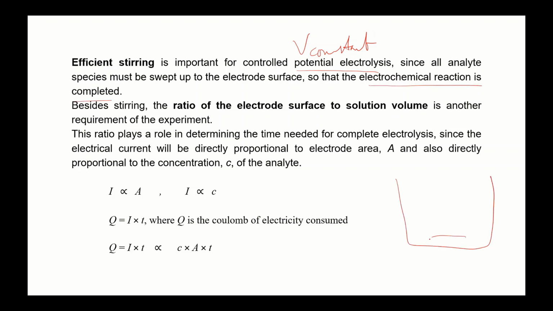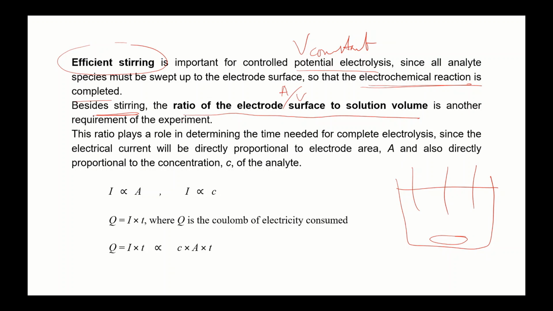So you must stir the solution with the magnetic bar, to make the electrochemical reaction occur completely on the electrode surface. Besides stirring, the ratio of the electrode surface to solution volume is also required. This is the area versus volume.